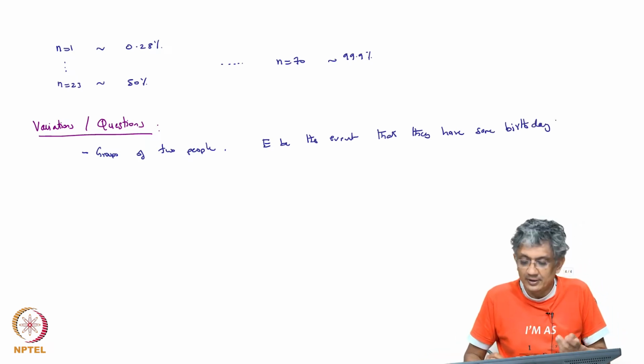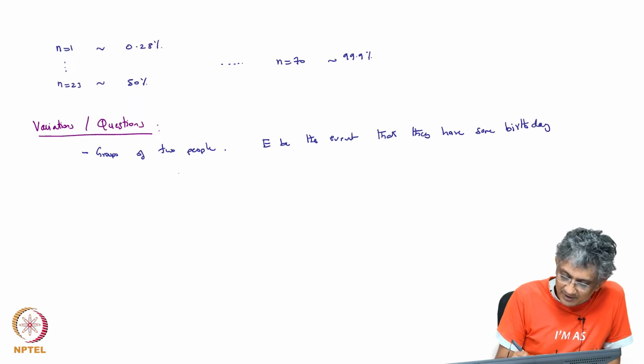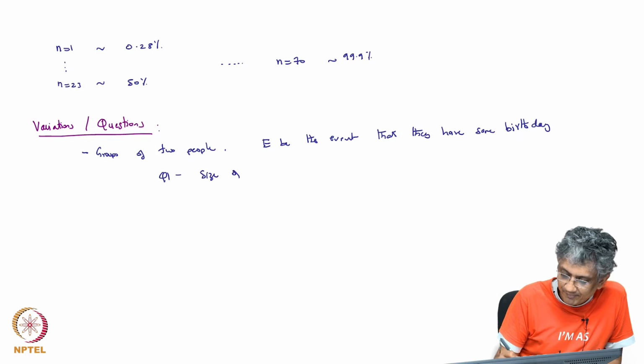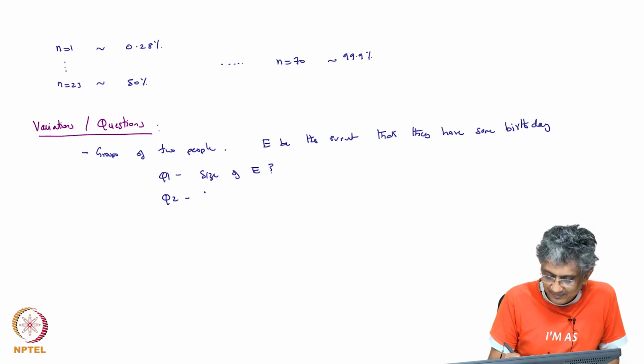Now one thing you could do is ask the question. Question one is, what is the size of E? How large is E? Question two could be, what's the probability of E?